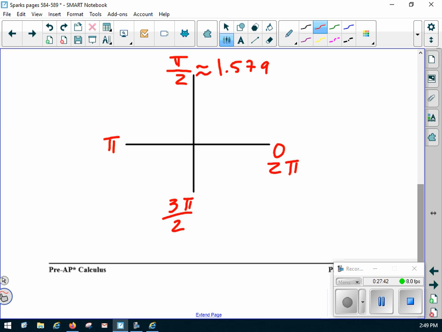If you get an angle that's between 0 and 1.571 and you're in radian mode, what quadrant are you in? You're in quadrant 1. Pi is 3.14 something.